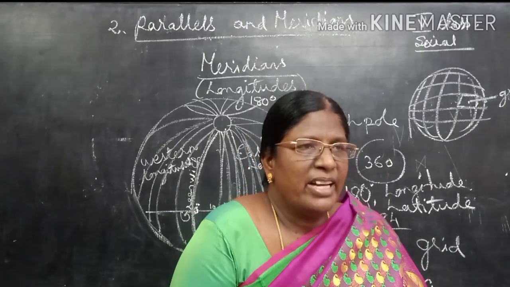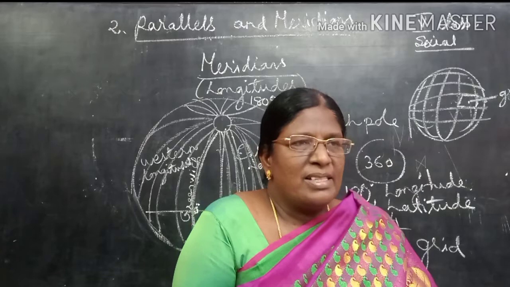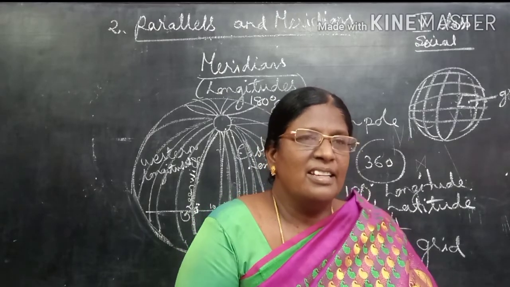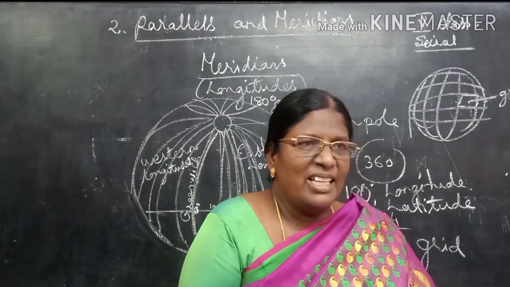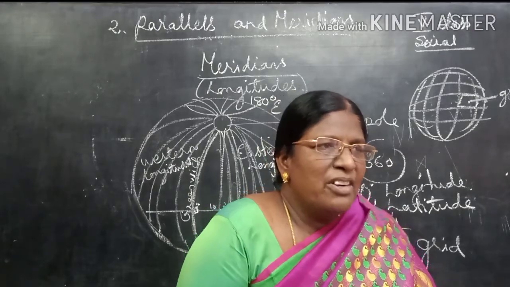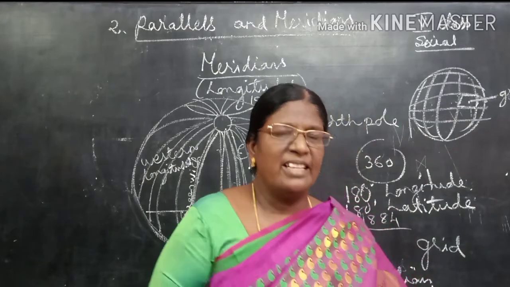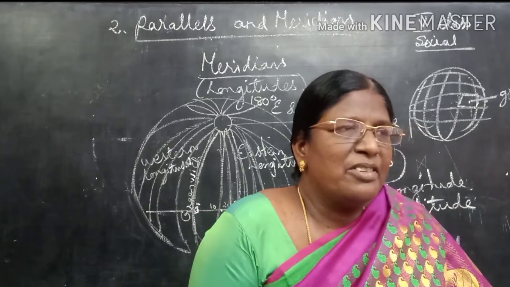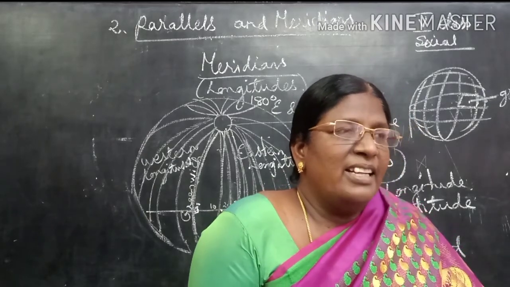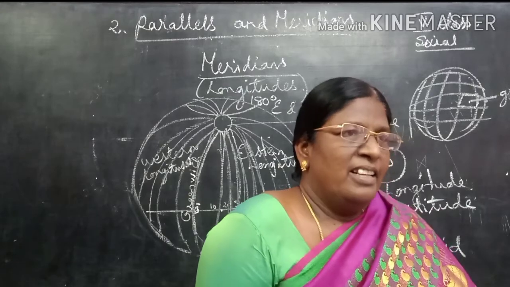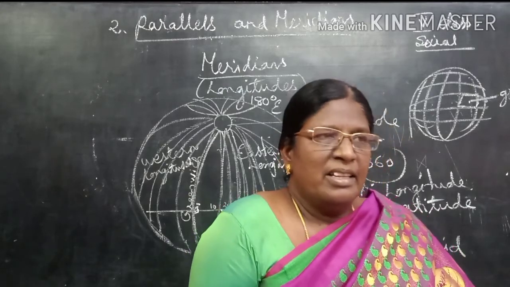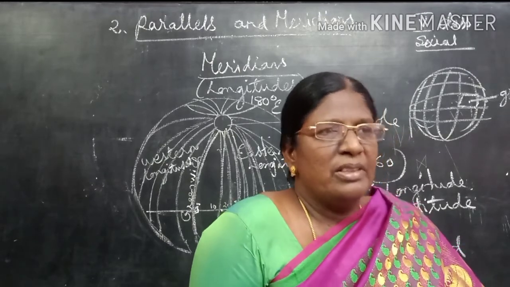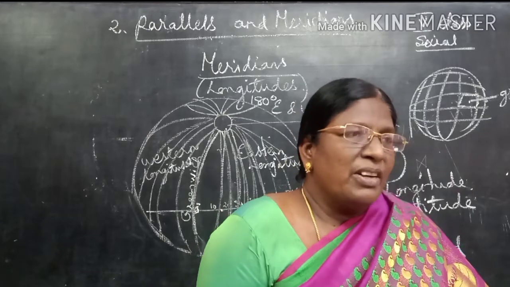Both are very important on the globe because they intersect with each other, forming a network, which is called a grid. Grid, G-R-I-D. That grid is important for people to locate a place, to go from one place to another. Can you all follow?